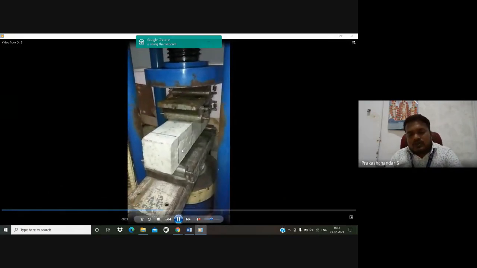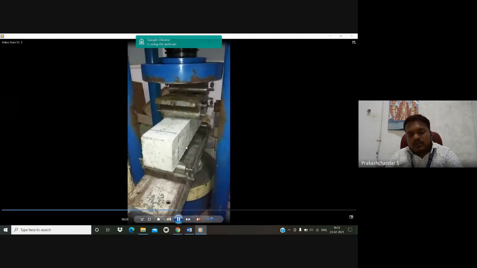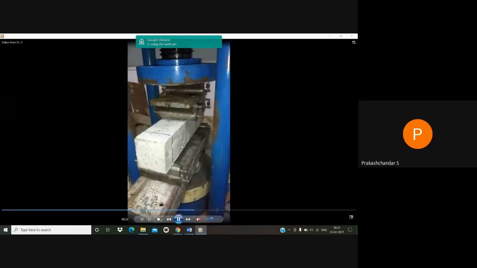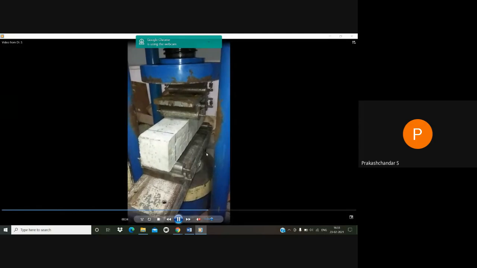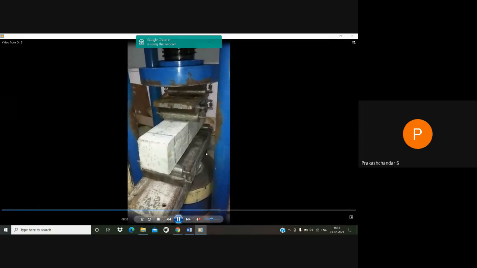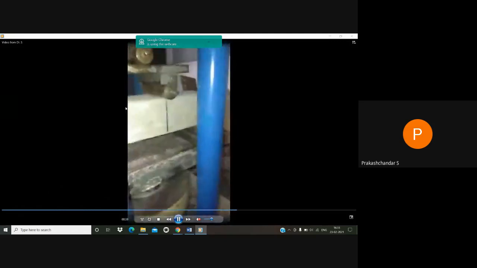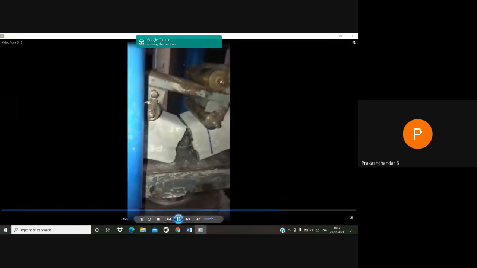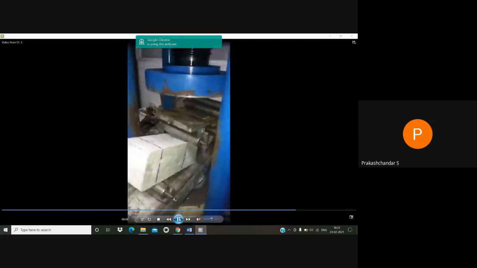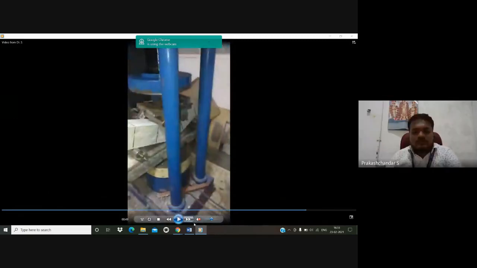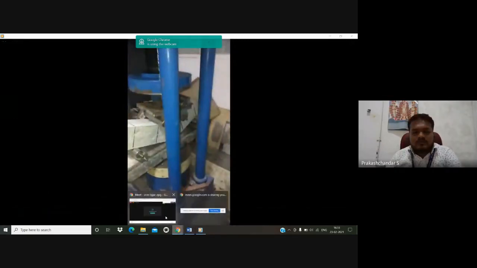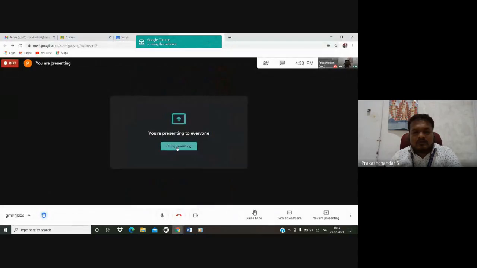You can see the three portions I marked, the lines are available, 1, 2, 3, and during testing we can get the crack in the middle portion, here. You get it here, and only then is the pure bending theory applicable.